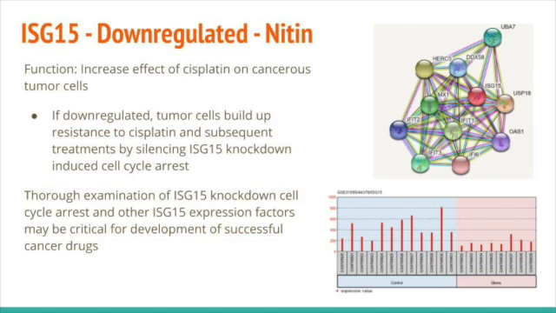What this gene does is it increases the effect of cisplatin on cancerous tumor cells, and cisplatin is currently a common drug used to treat cancer patients to attack the tumor, we could say. Since this gene is downregulated, it makes cisplatin less effective, which means that tumor cells can grow a lot easier than they could in control patients without glioma.